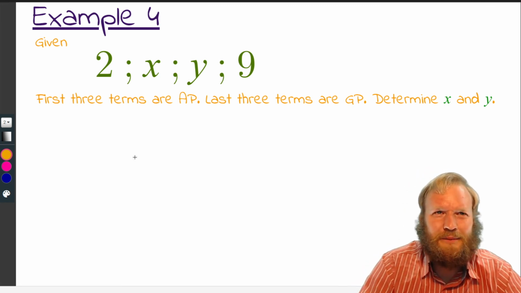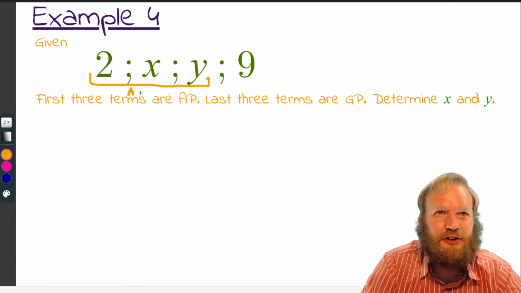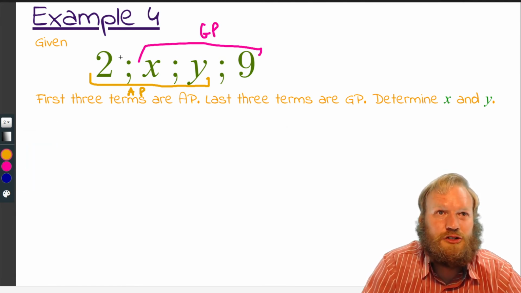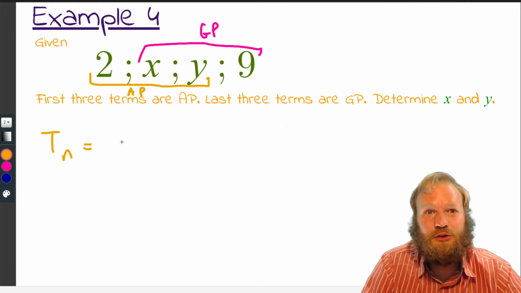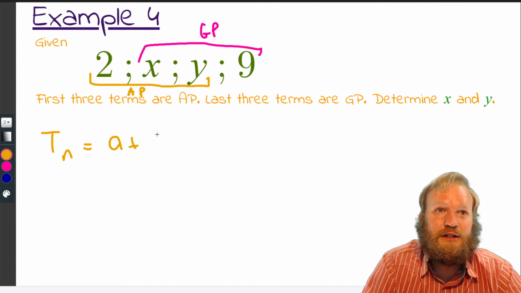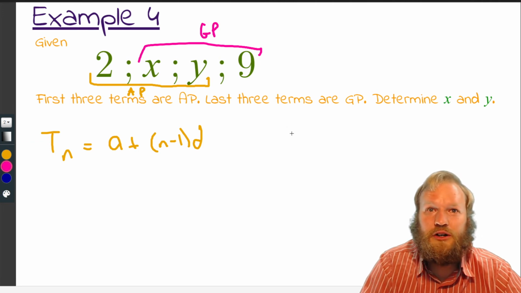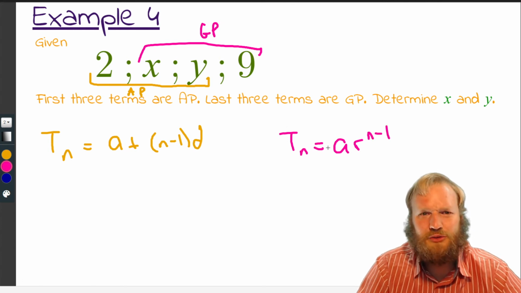Okay, well, let's just go through. Here we've got that part there is an arithmetic progression, and this part here is a geometric progression. So from the arithmetic we know Tn equals a plus n minus 1 d. And for our geometric, we know that Tn equals ar to the n minus 1.